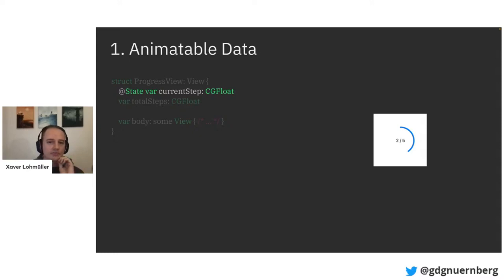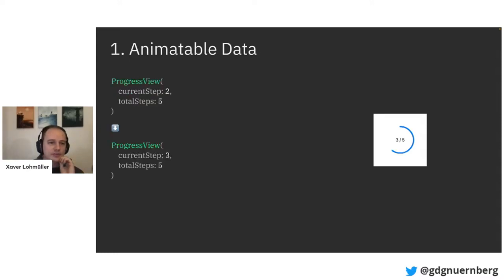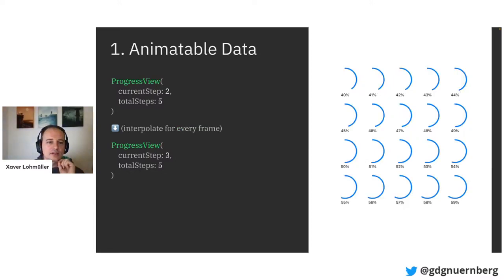And when I, for instance, change from current step 2 to current step 3, what SwiftUI basically does behind the scenes is it creates for every single frame a new instance of this progress view struct with the current progress in between. And based on that, you draw your view.